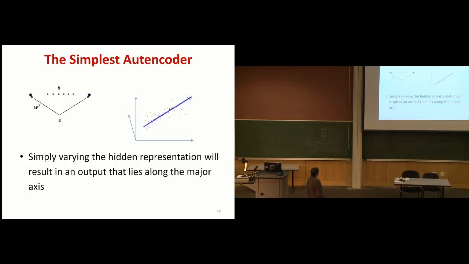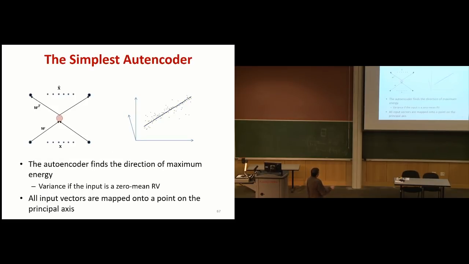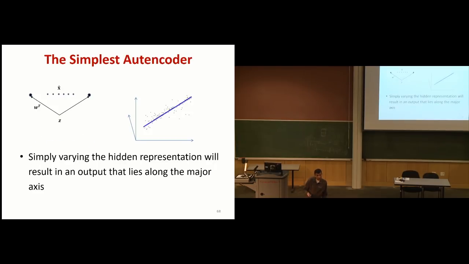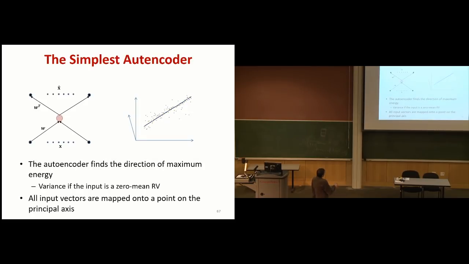And here's the interesting thing. The output over here is going to be some scaling of this weight. So the output is always going to fall on a line or a plane, regardless of the input. If I just took the decoder portion of this and varied it, the decoder operates on some z, which is output by this neuron.